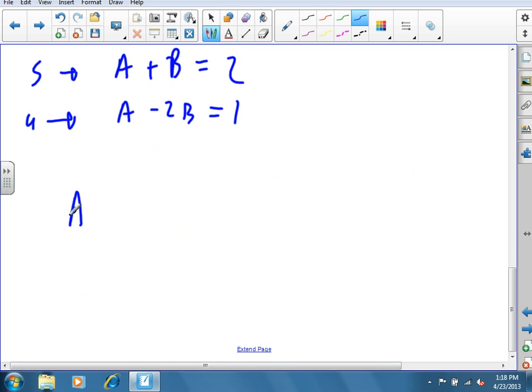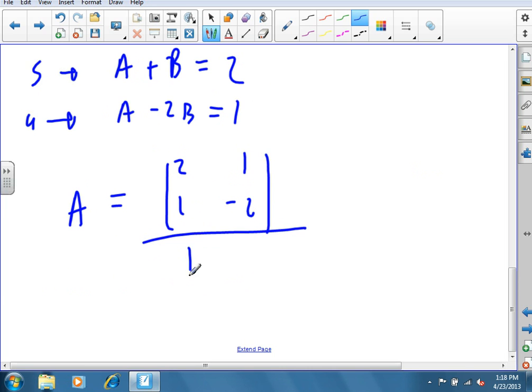And then I say, well, A has to be 2, 1, 1 minus 2 divided by 1, 1, 1 minus 2. Minus 4 minus another 1 for minus 5, divided by minus 4, divided by minus a 1 for minus 3.